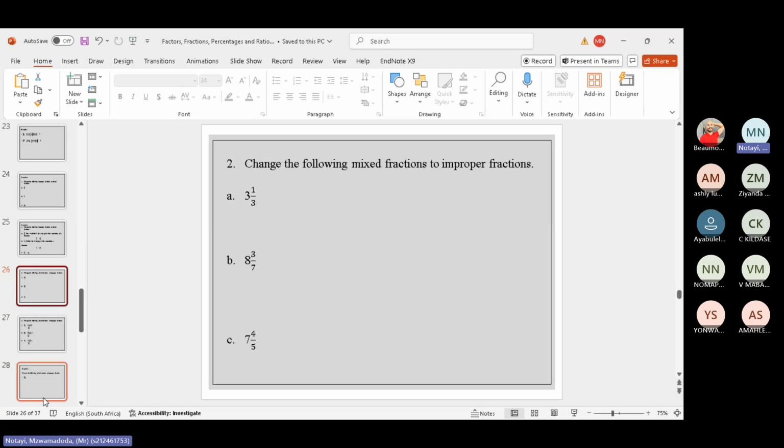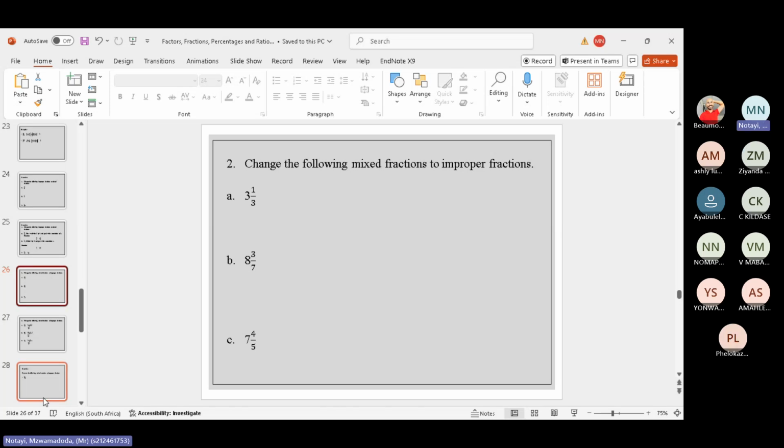Okay, number 2 says change the following mixed fractions to improper fractions. Let's go the other way. We have the mixed fractions now. We want to change to improper fractions.